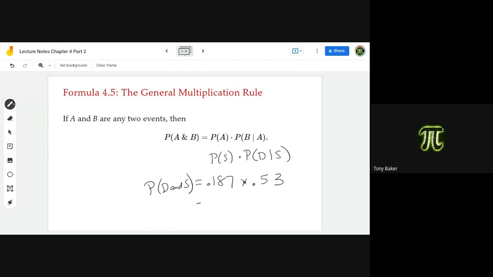Okay, which was what? Somebody get that number for me? We have a calculator up. 0.187 times 0.53.